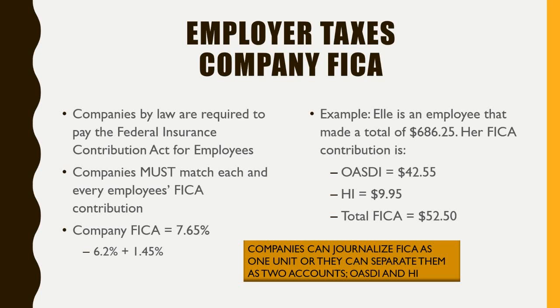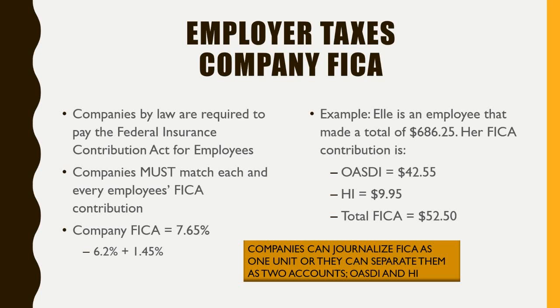It's still going to be 6.2% for Social Security, and Medicare is 1.45%. You either have it combined, or sometimes it's recognized separately. But for this example, we're going to have it combined because it's company FICA. So we're going to combine the two numbers together.